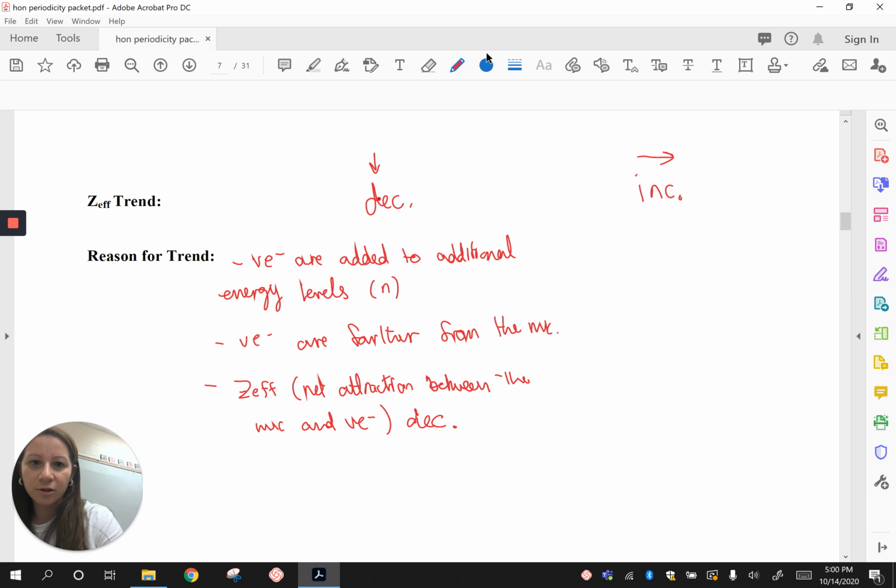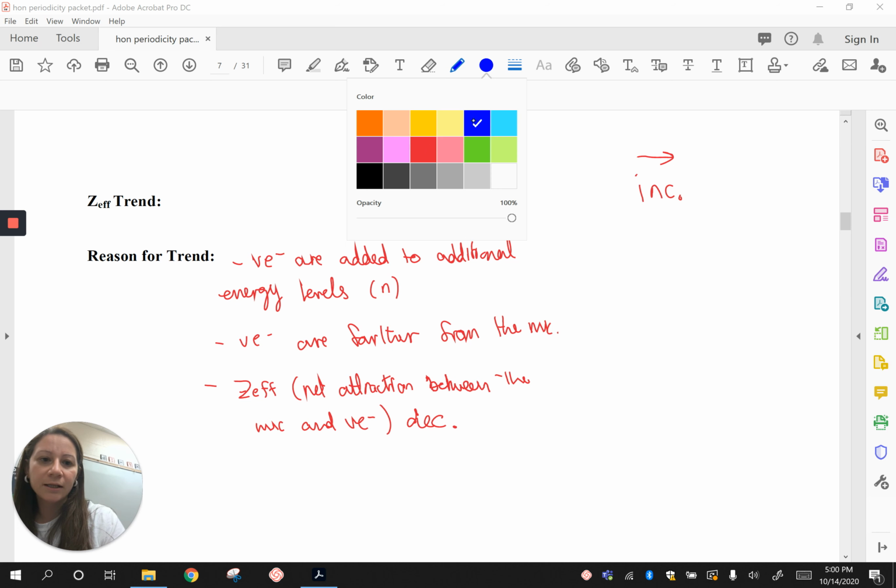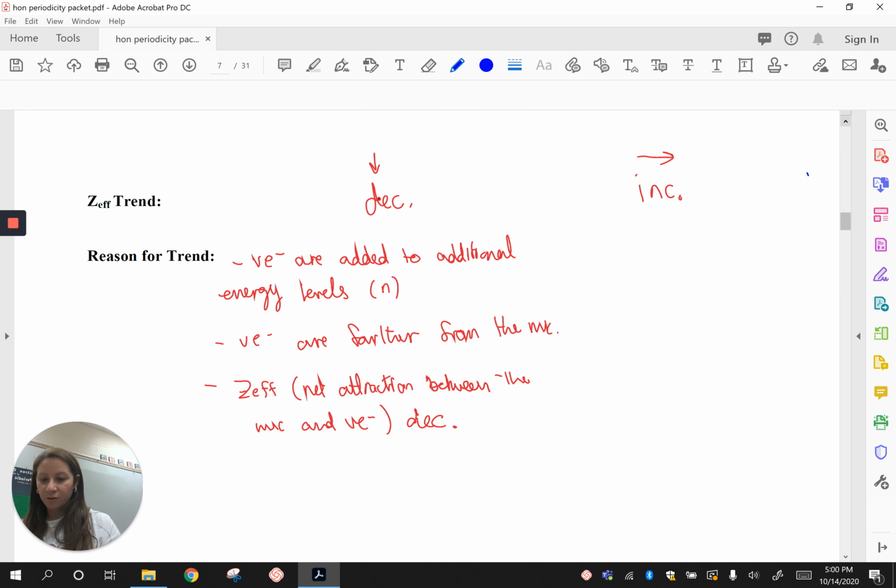Okay, I'm going to change my color here. Let's look at as you go across. Again, the first thing you think about is where are your extra electrons being added. So the valence electrons here are added to the same energy level. That tells me the repulsion is not much different.